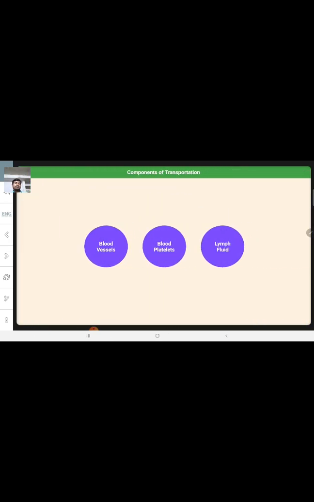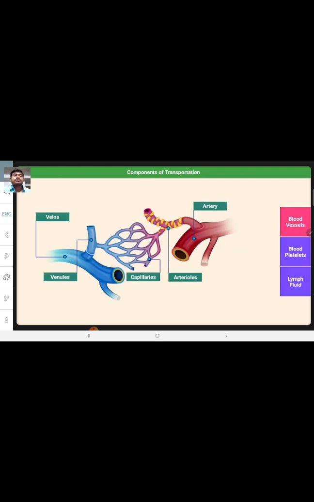Tap on the components responsible for the transportation of blood to understand their specific functions. Tap on the labels.